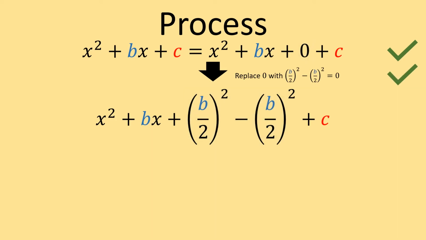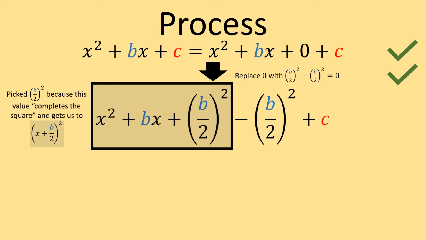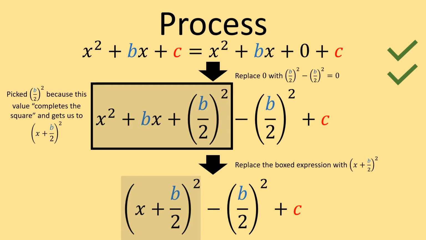And the reason we add and subtract b over 2 squared is because this value completes the square of the expression that's within the box here. In other words, we can replace the expression in the box with the quantity x plus b over 2 squared. And leaving everything general as I've done here is kind of confusing, so let's talk about a particular example.